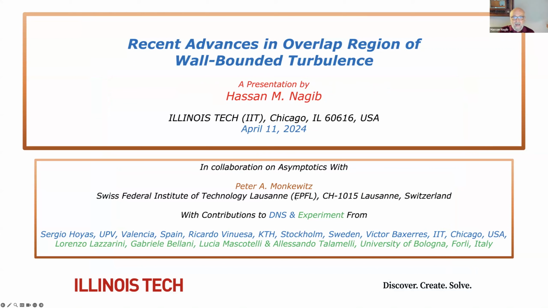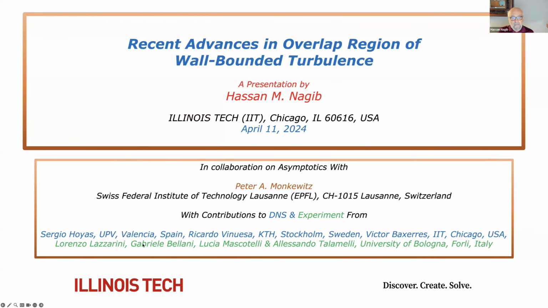Okay. There has been a number of collaborators on this work. In particular, I will start with work that Peter Monkewitz, who is at EPFL in Lausanne, did, and that's mostly on the asymptotics part. There are several contributions from DNS. Sergio Hoyas is the key contributor, Ricardo Vinuesa, and one of my own students who graduated, but he's still in Chicago.